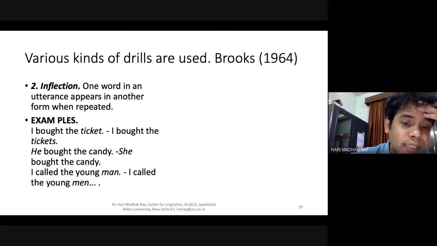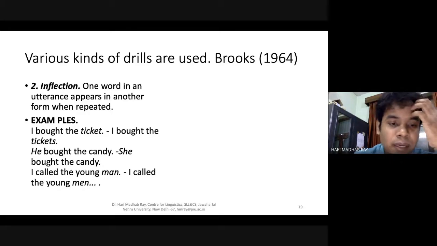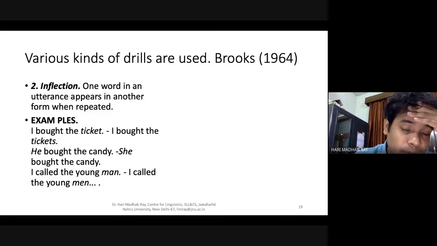"I bought the candy," maybe "She bought the candy," and the plural of candy. Especially with pronouns, "I call the young man," "I call the young men." So inflection drills are also used.